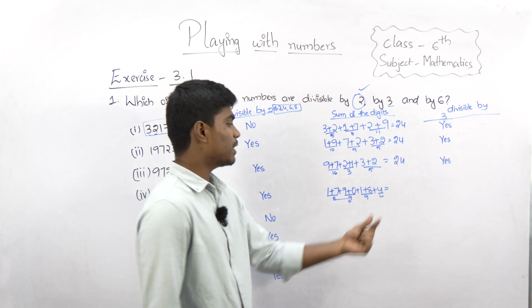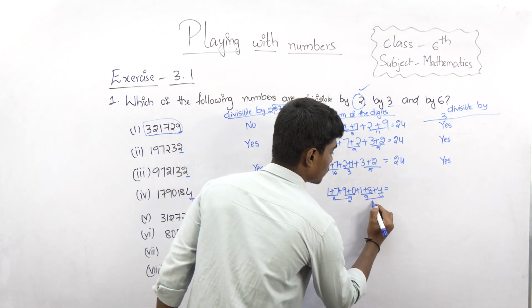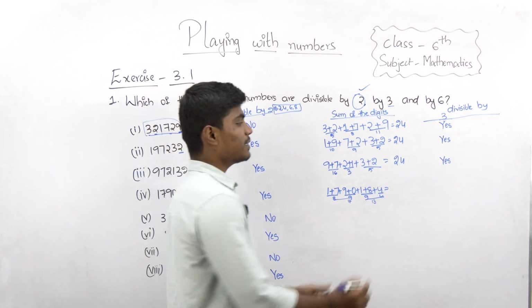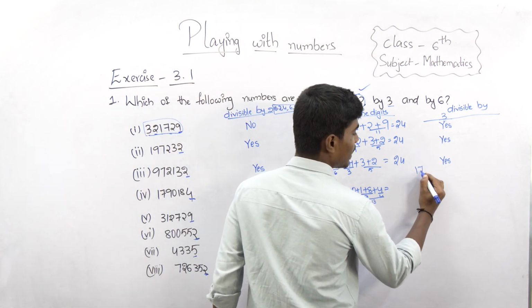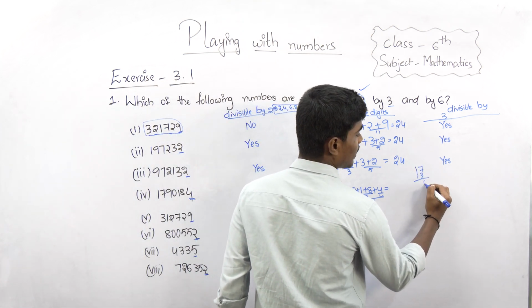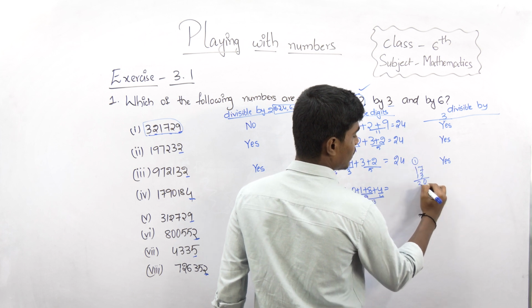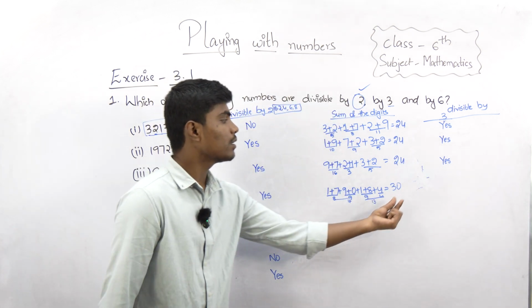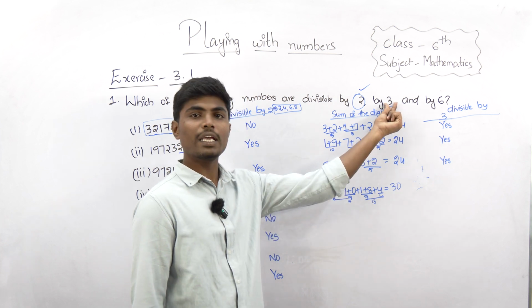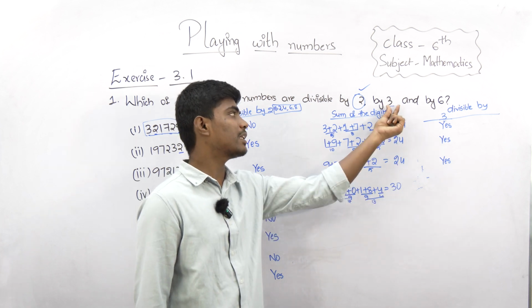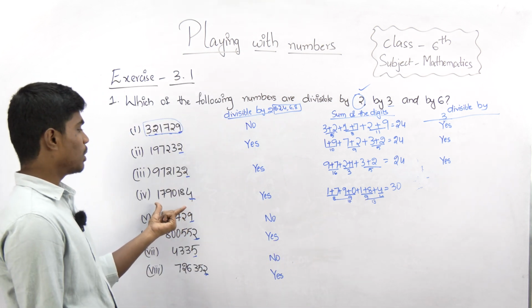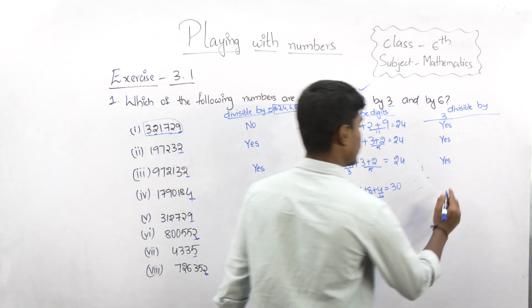Now 9 plus 4 is 13. Now 17 plus 13: 7 plus 3 is 10, so 30. Is 30 divisible by 3? Yes, 3 times 10 is 30. So this number is also divisible by 3.